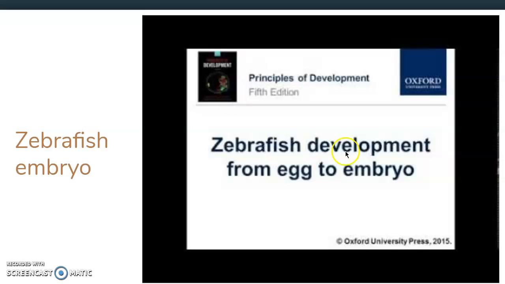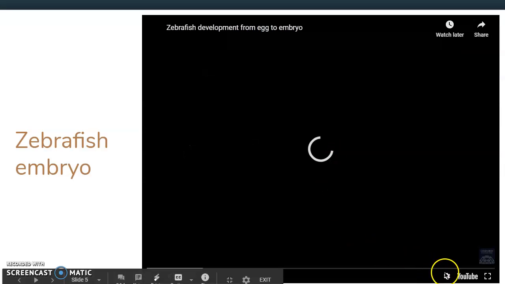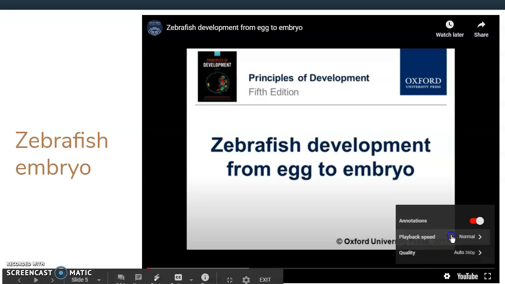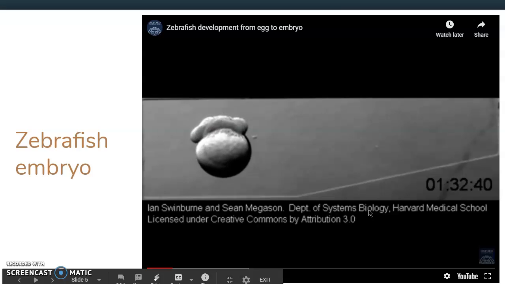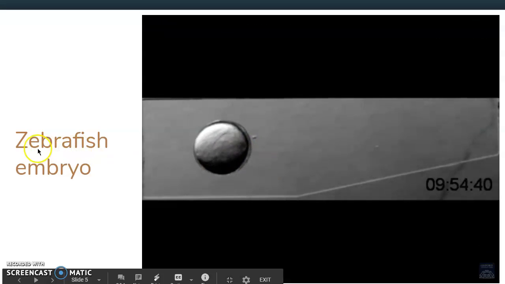We have a few videos of some embryos developing. Let's see if we can speed them up just a little bit. We can see our two cells coming together to form a zygote. We will learn about this later, but this just shows the process for a zebrafish.